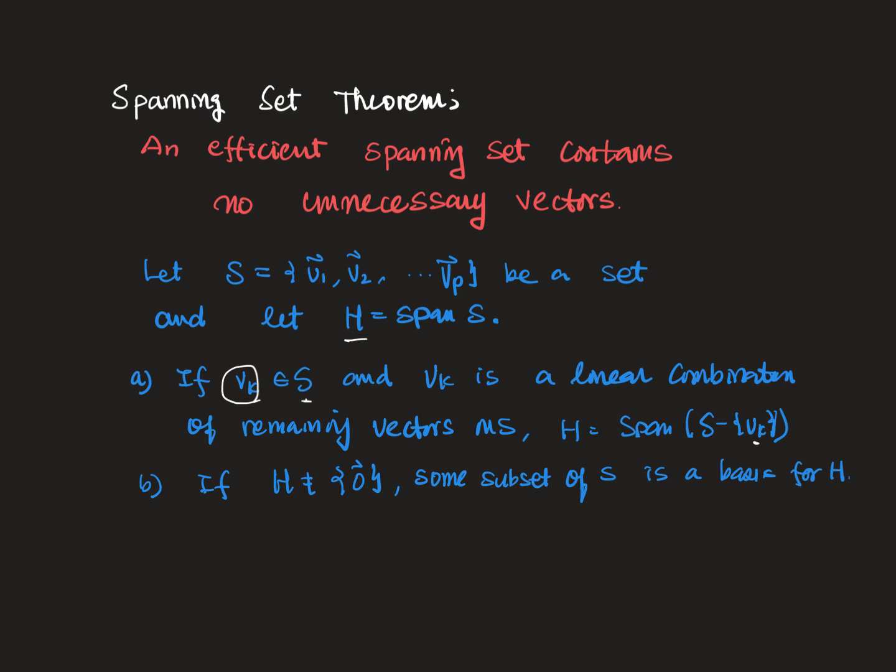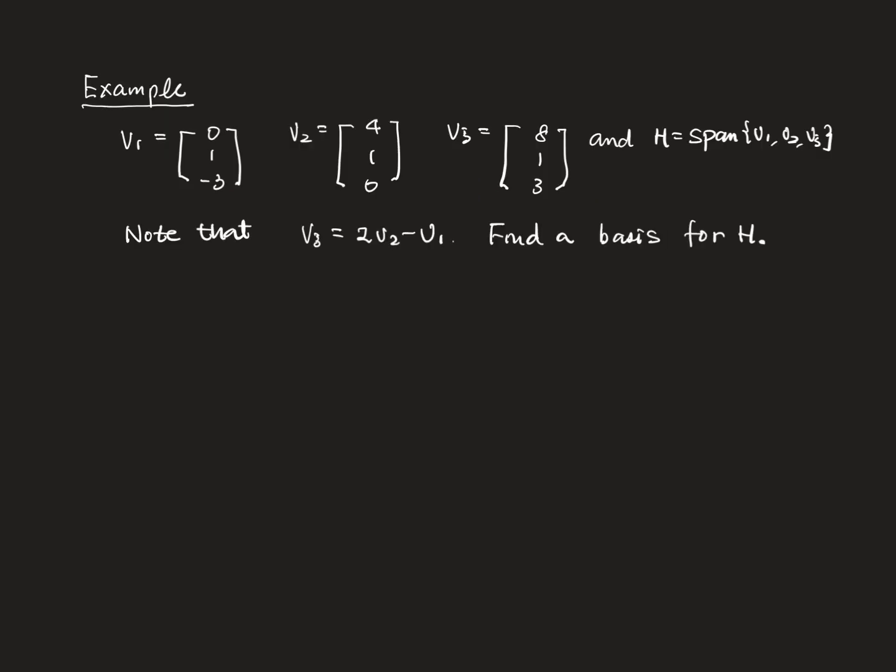I'm going to explain this spanning set theorem with an example. Look at this one. Here V1, V2, V3 are vectors. They say that the span of V1, V2, V3 makes H, which means the linear combinations of these three vectors give H. That's the meaning of span.